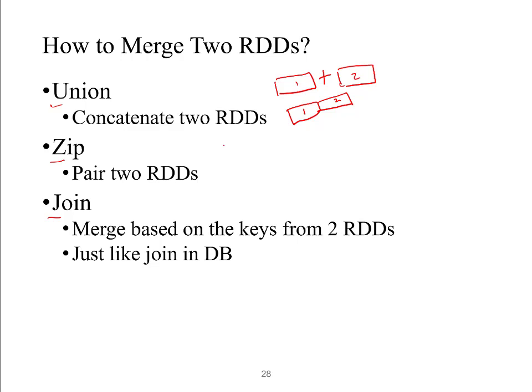We all know that an RDD is a list of key value pairs. Assume we have another RDD, which is also a set of key value pairs.